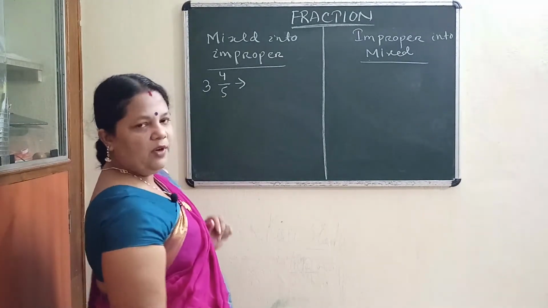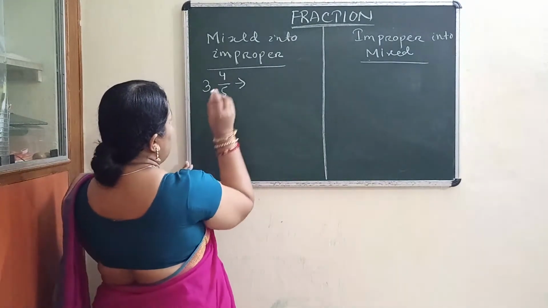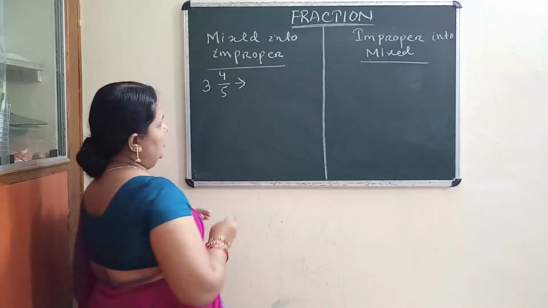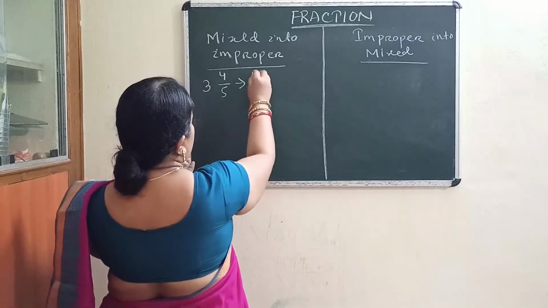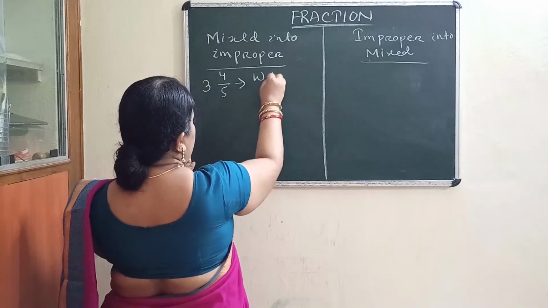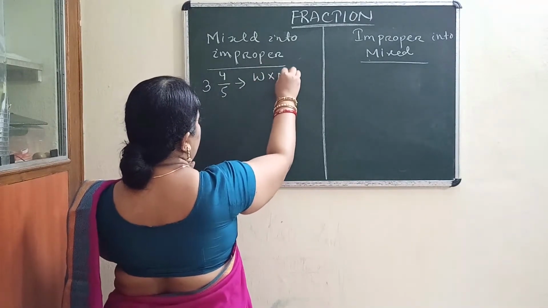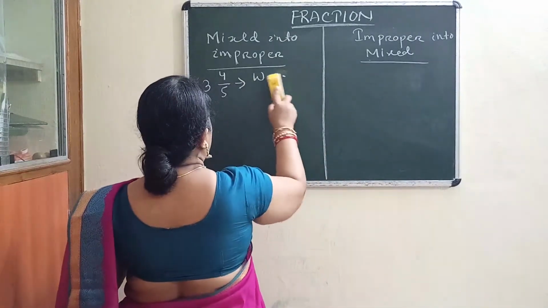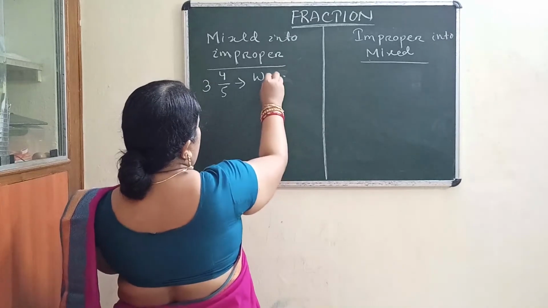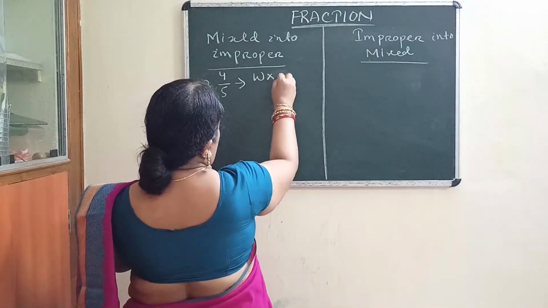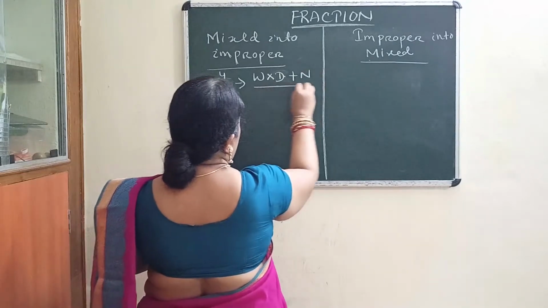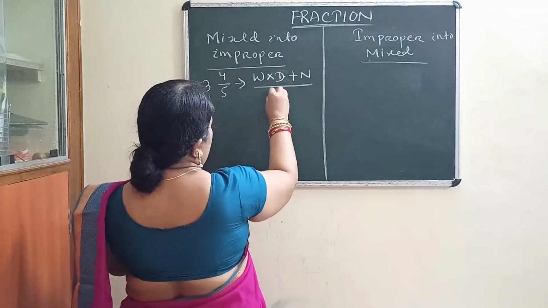Okay, there is one formula. So this is your whole number, this is your numerator, this is your denominator. So formula is: whole number multiplied by denominator plus numerator, divided by denominator.